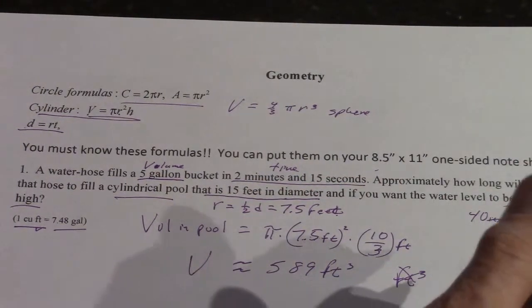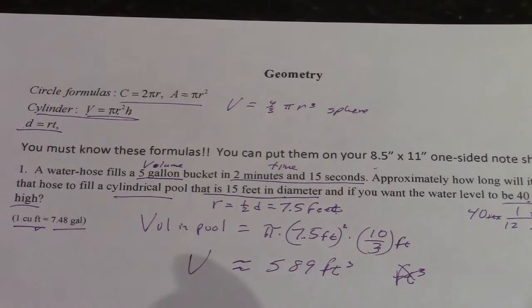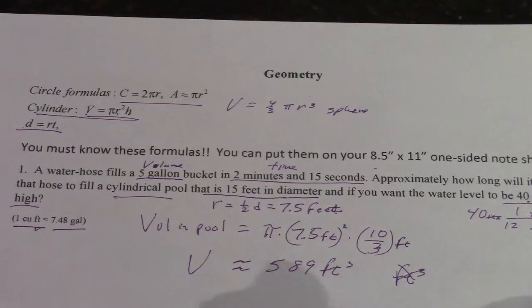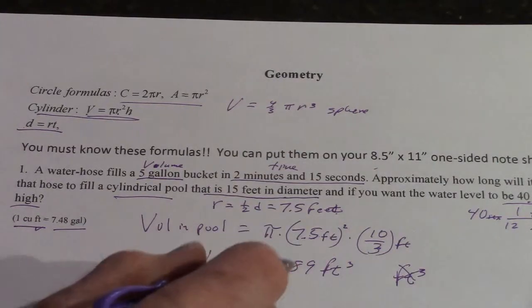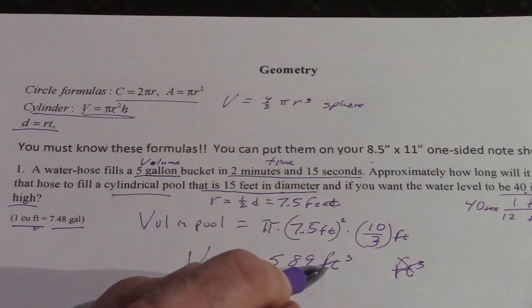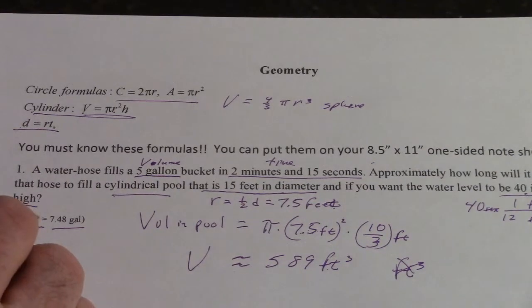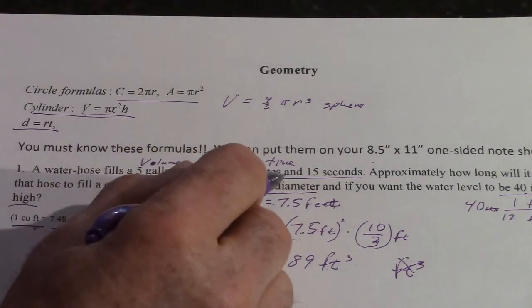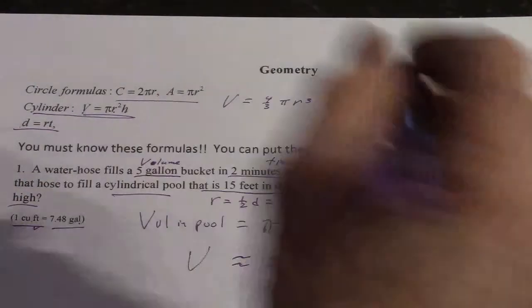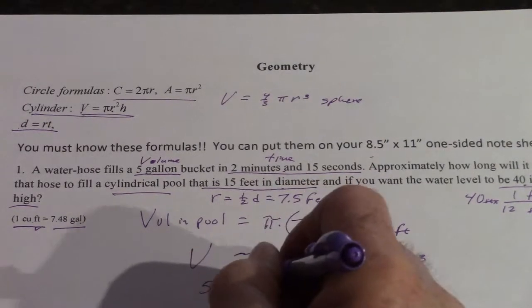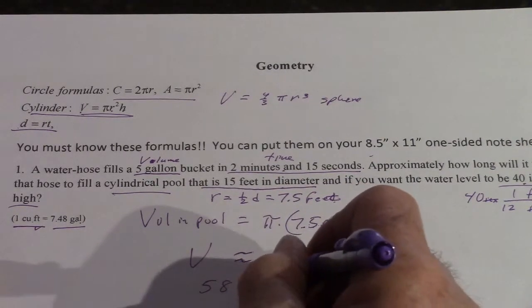And now you can do a proportion or a conversion to do this. If 5 gallons takes 2 minutes and 15 seconds, then you could do... Oh, we've got gallons here and cubic feet here. We better convert our cubic feet to gallons because we've got gallons and time here. So let's convert this to gallons. So that's 589 cubic feet.